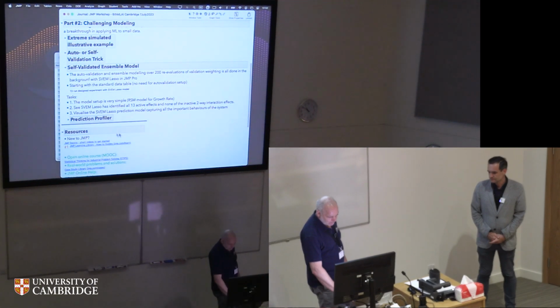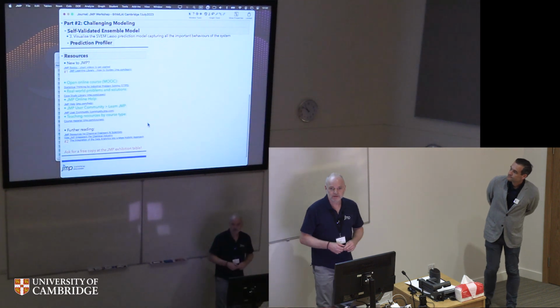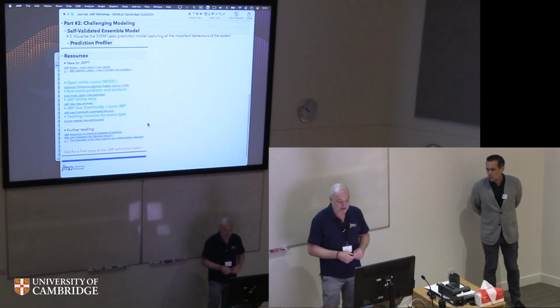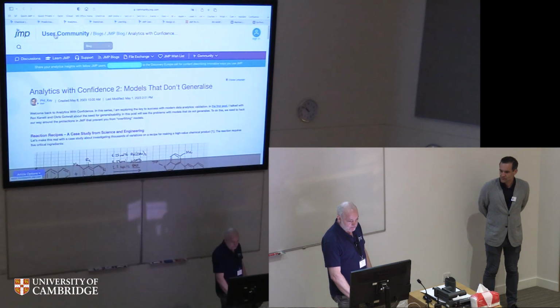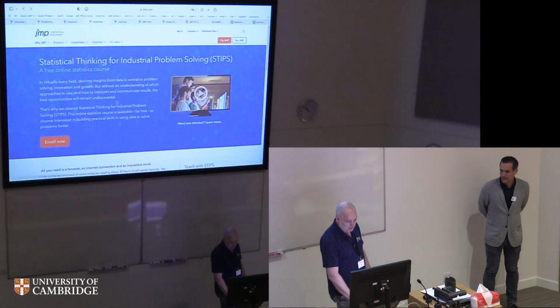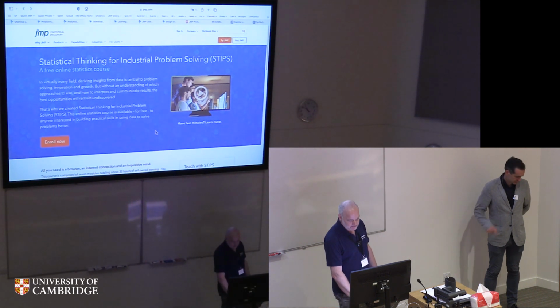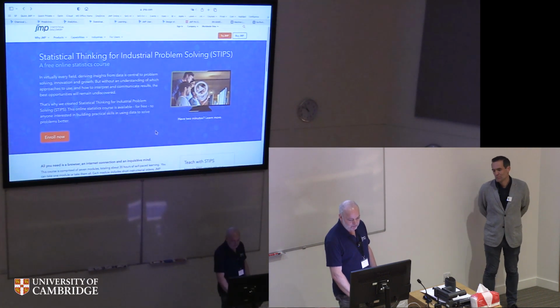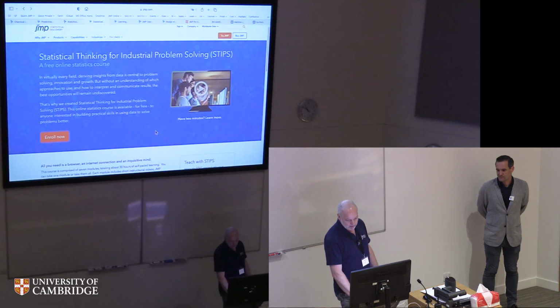On the journal, there's also a section to point you to some useful resources. One resource I would really like to mention here is our MOOC, that's an open online course. It's called Statistical Thinking for Industrial Problem Solving. We call it STIPS, and you can also find it if you search for this online.